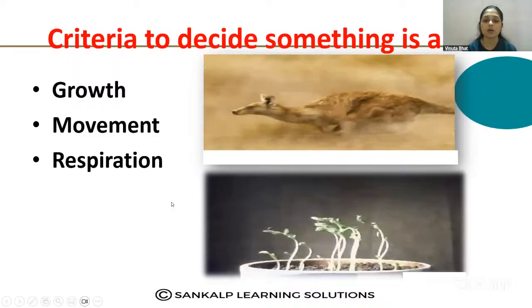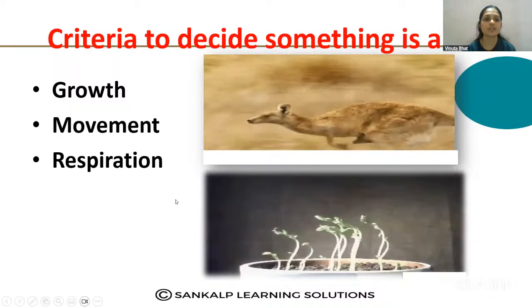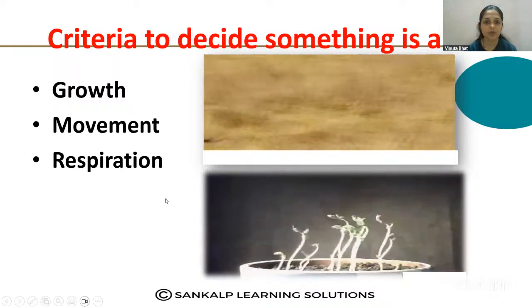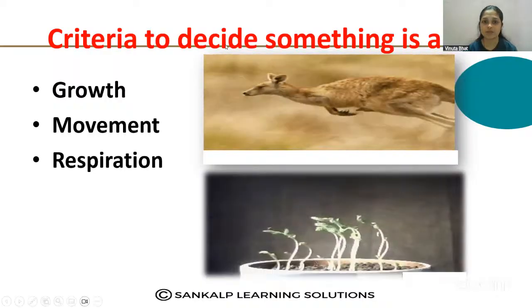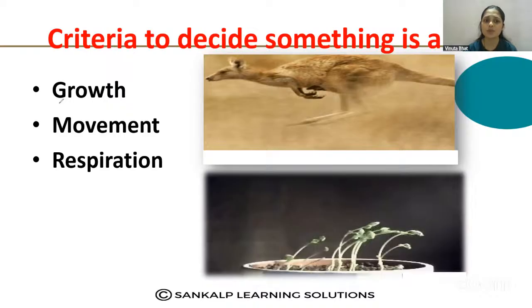But are these three characteristics enough to decide whether something is alive or not? No, they are not enough, because we can observe growth in animals and plants, movement also, and respiration also in plants and animals.